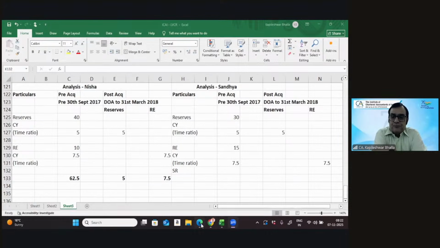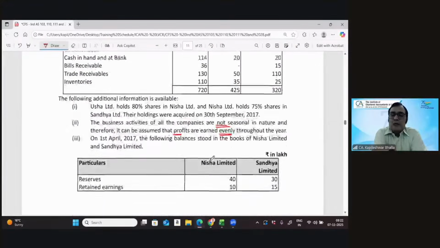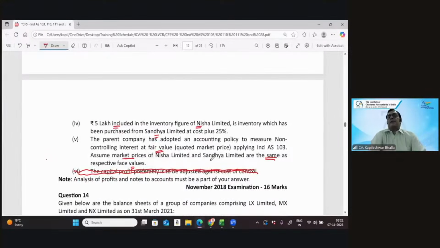Very good. So let's come back to the calculation of the stock reserve, which is given in point number 4. It says 5 lakh is included in the inventory and this is purchased at cost plus 25%. Cost plus 25% would mean 1/4 on cost and it is 1/5 on sale.